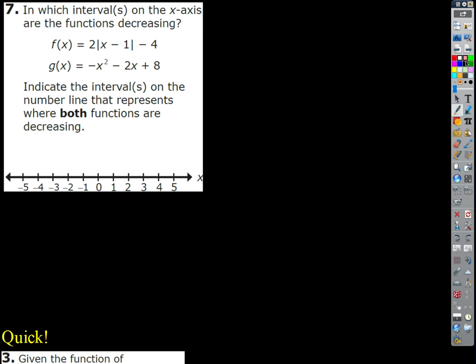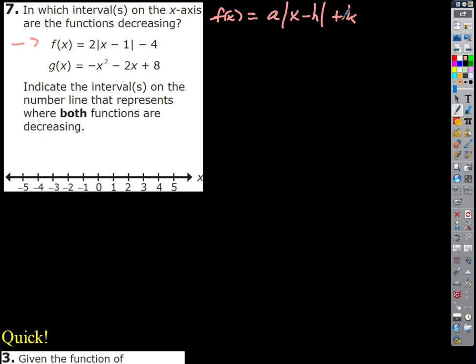So let's look at this function first, right? That's an absolute value function. So parabolas go with quadratic functions. What are absolute value functions? Yeah, it's a v, right? Good, it's a v. It's got a vertex, just like a parabola does, but the vertex is the point of the v instead of the bottom of the u, right? Okay, so then this is in vertex form: f of x equals a times the absolute value of x minus h plus k, right?